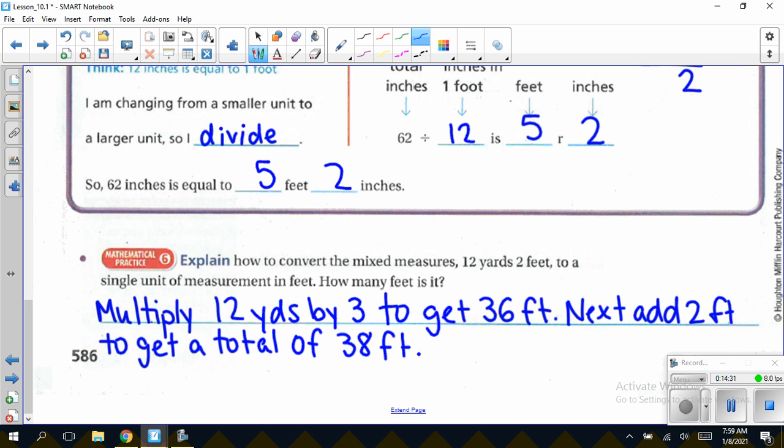So if you were converting mixed measures, going from a large unit of measure to a smaller unit of measure, you'll multiply and then add the additional amount on.